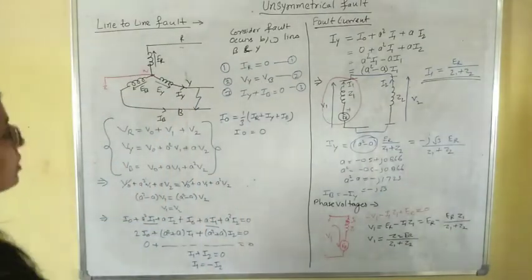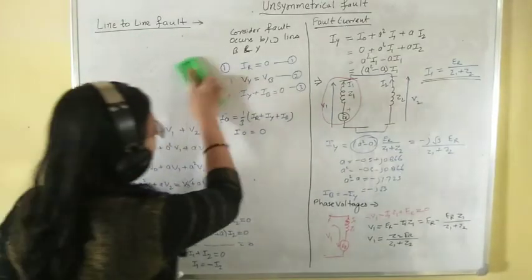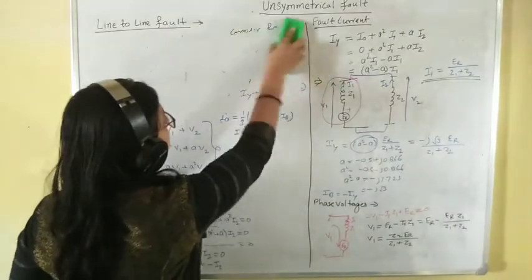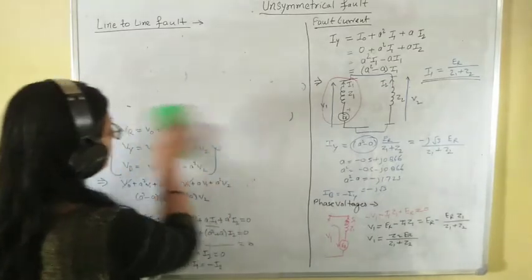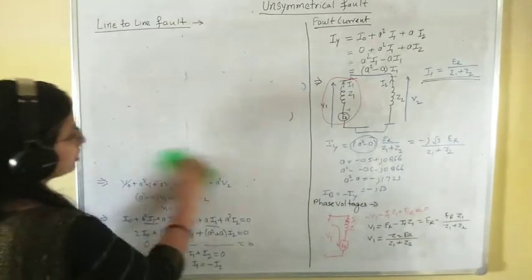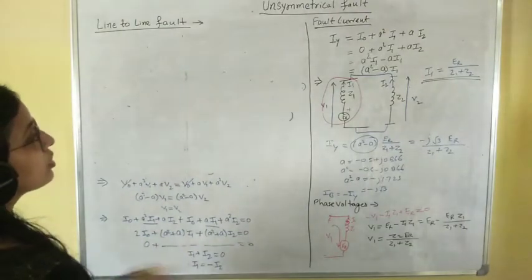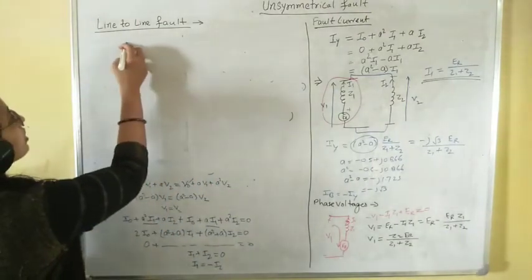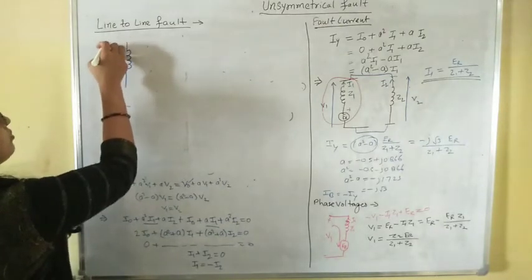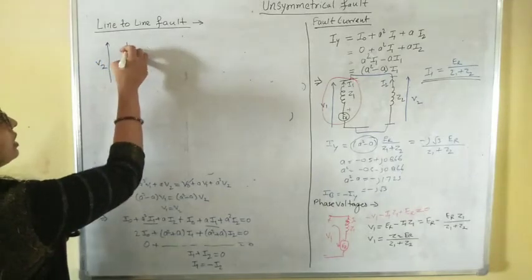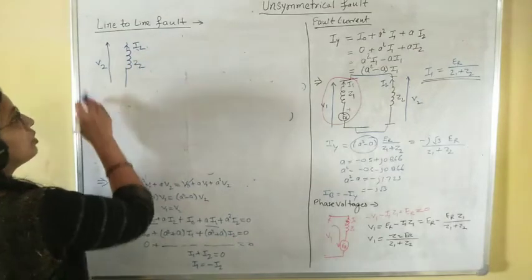Now come to the next sequence voltage, that is V2. How will we calculate this? Again, you apply KVL for the second impedance. The second impedance is the negative sequence impedance. So if we make this small circuit, it has voltage V2, current I2 in the upward direction, and this is Z2.